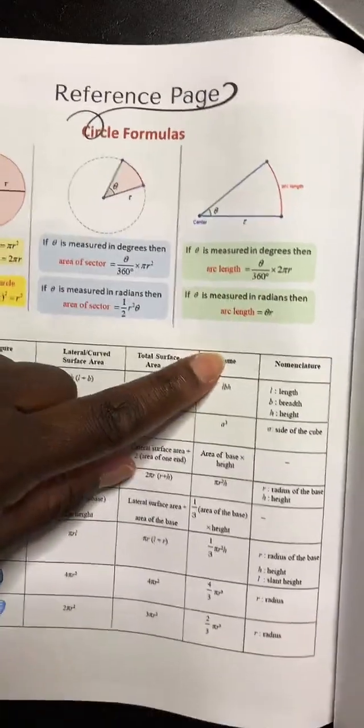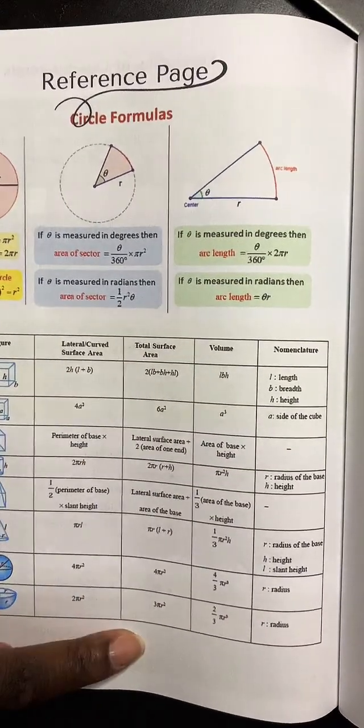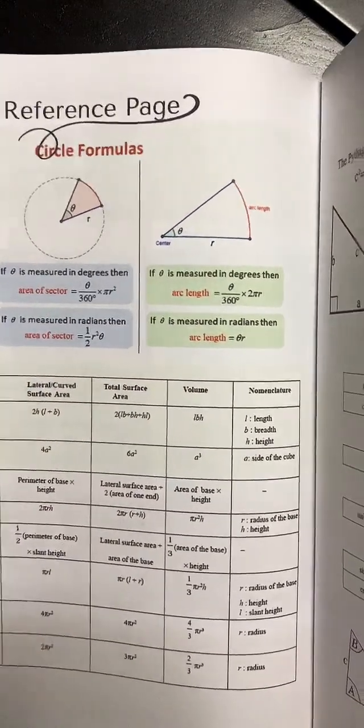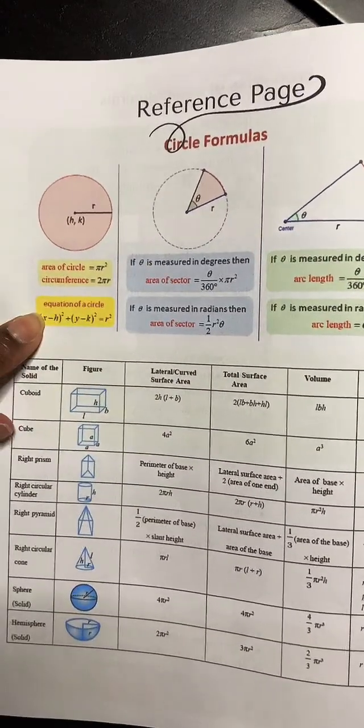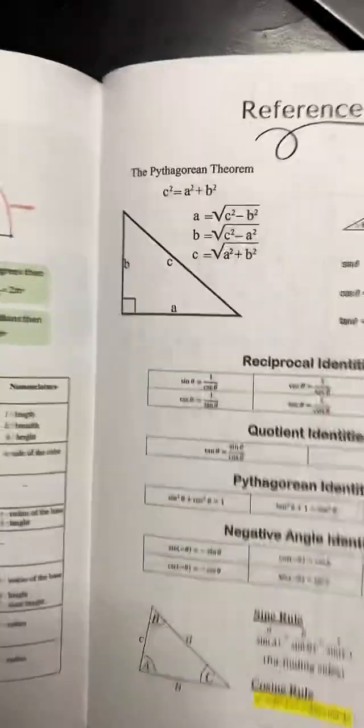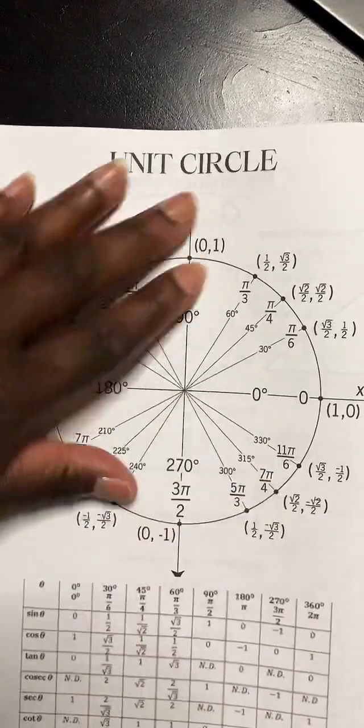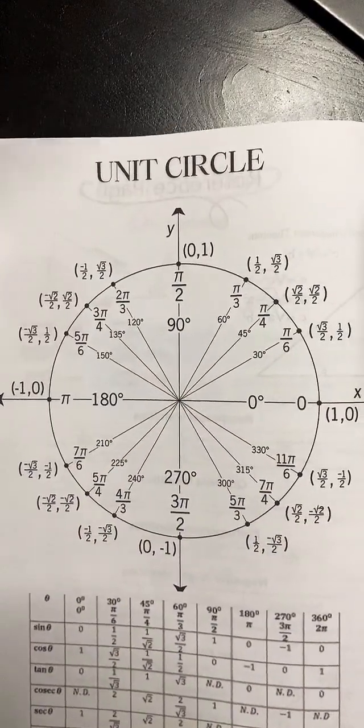Then you have your formulas for volume, surface area, area of a sector, and arc length. Even the equation of a circle is on here. And then last but not least, the unit circle. So use them as a reference.